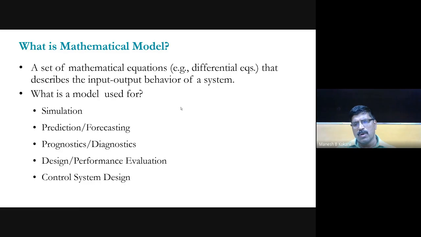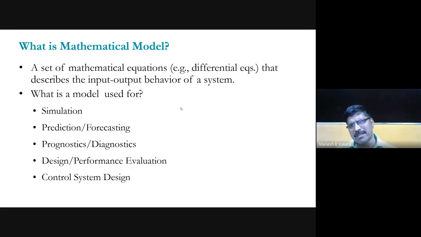Ohm's law gives the relation V is equal to I into R, where R is the resistance, I is the current flowing through it, and V is the voltage across that resistance. So this model is obtained.